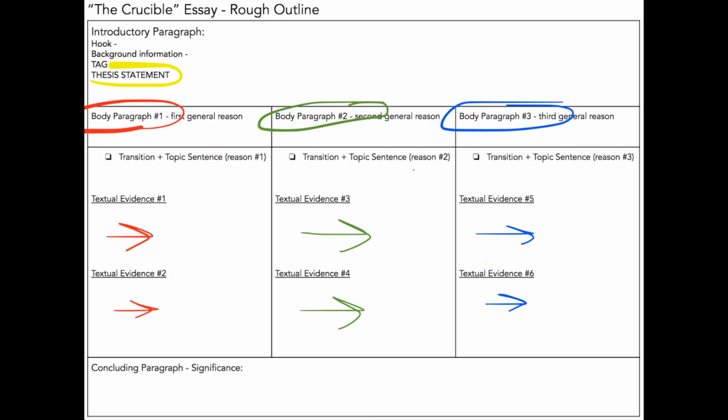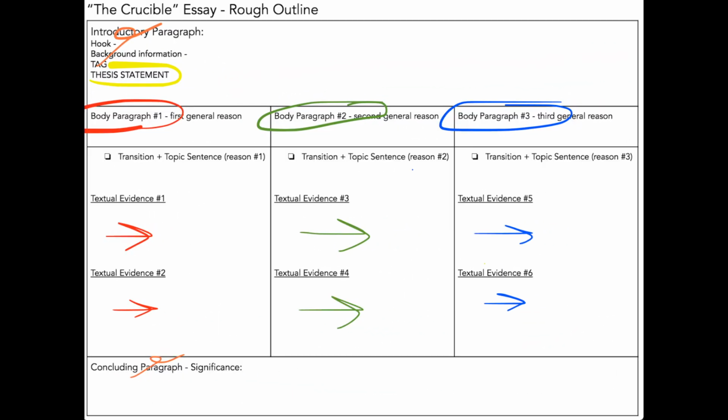And finally, for body paragraph number 3, for the silent majority, I would have to find parts of the text where Arthur Miller talks about the community of Salem, Massachusetts, and how people were afraid to speak up because they were afraid of authority and people in power, and how it might affect their reputation or even their livelihood, how even the act of speaking up would automatically create a feeling of guilt or a sentence of guilt over them.